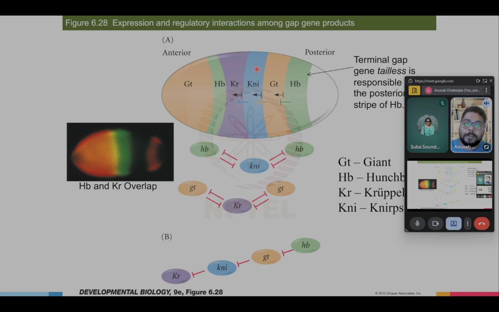There are experiments in which they removed giant, and nerves increased its domain to this huge place, instead of being spatially determined to just the middle stripe. So gap genes are huge patches which are spatially separated, with an overlap in the middle. So these are gap genes.